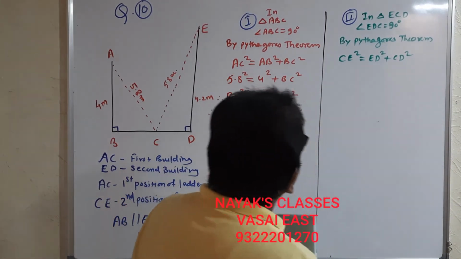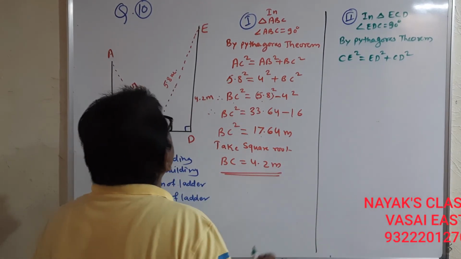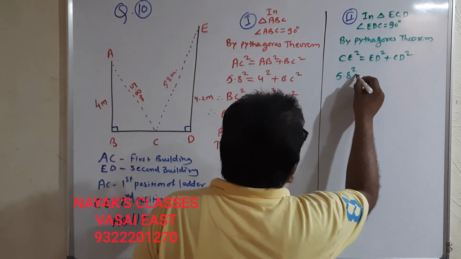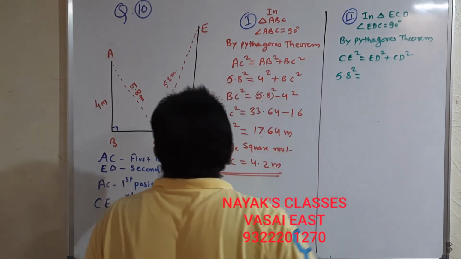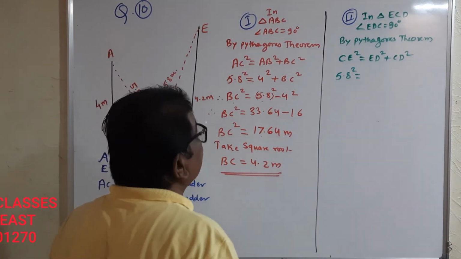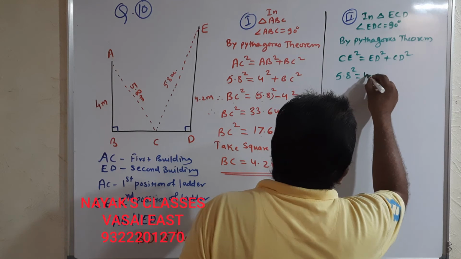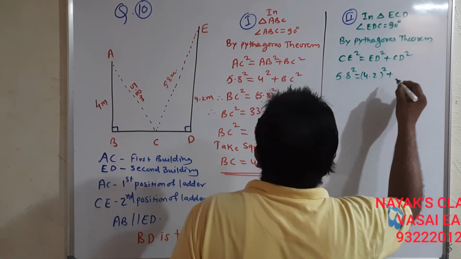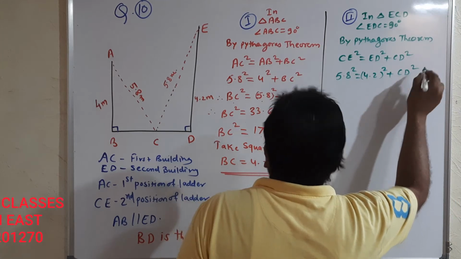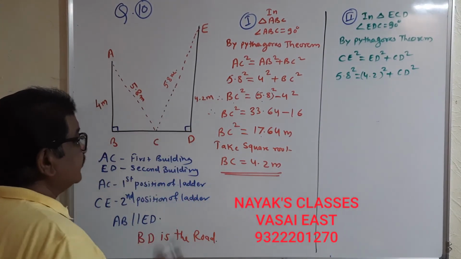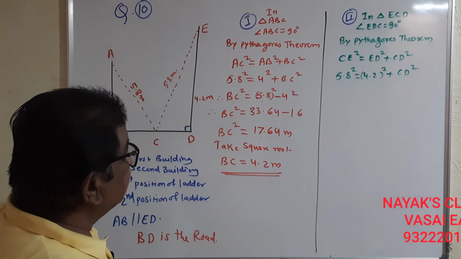Now this side, CE is 5.8 meter, same ladder. CE square is equal to ED, which is 4.2 the whole square, plus CD square. CD is the second part of the road.